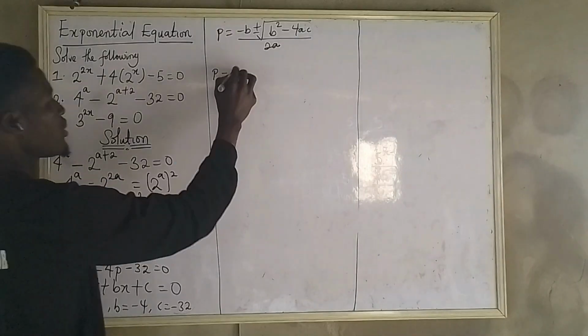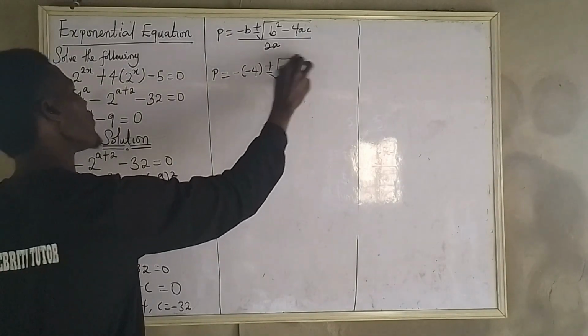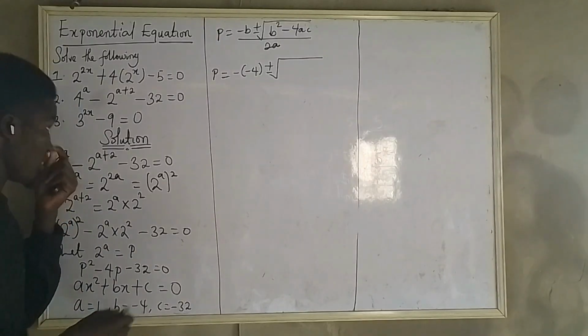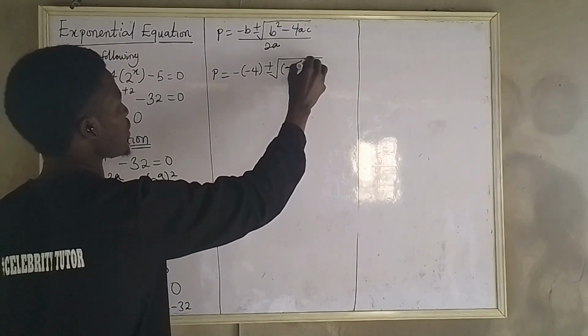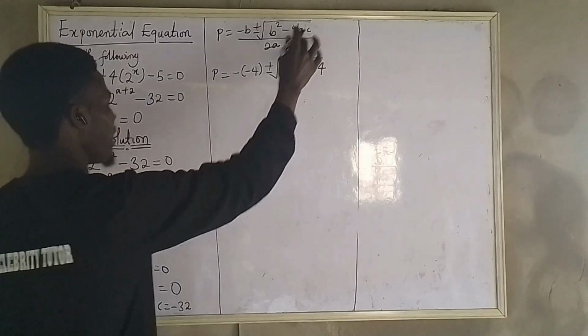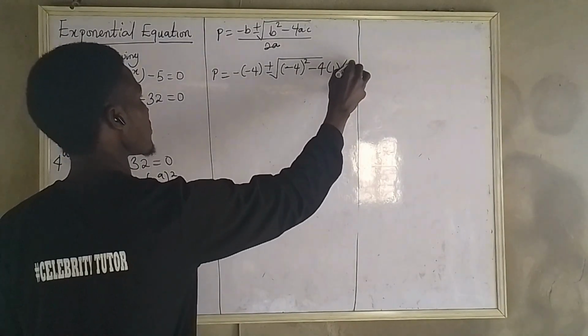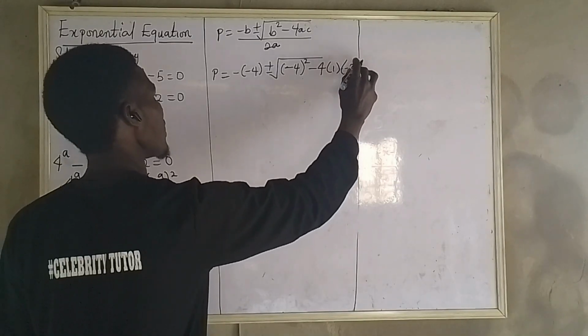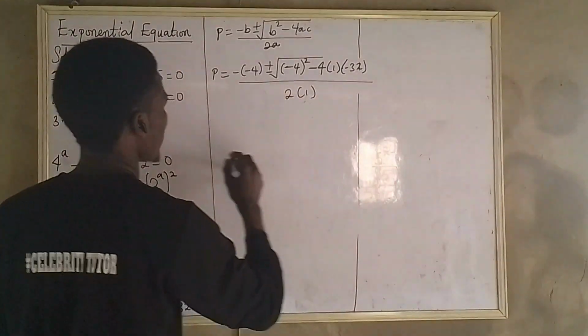So I will have minus 4 plus or minus square root of b squared, that's minus 4 all squared, minus 4 times a, which is 1, times minus 32, all over 2a.